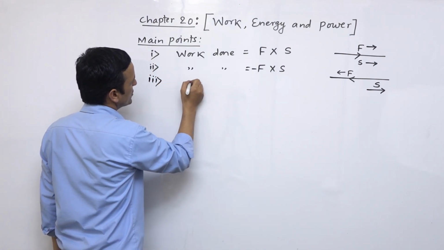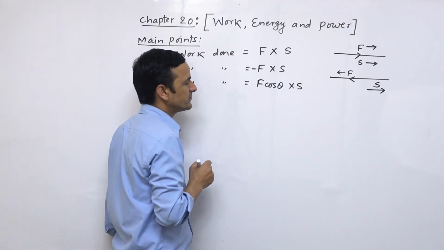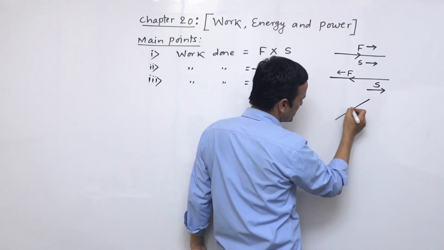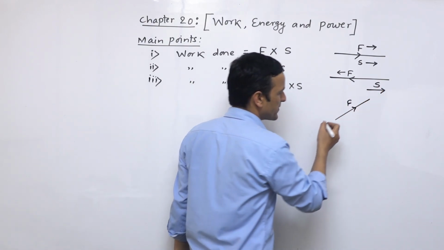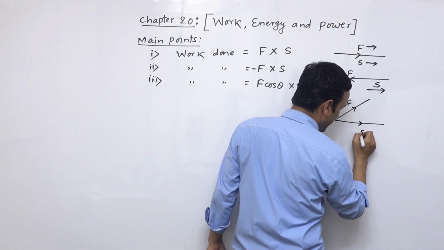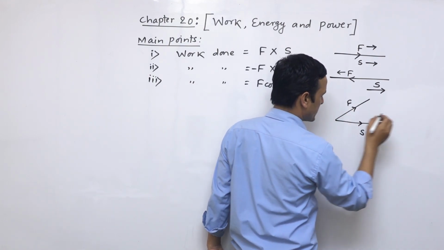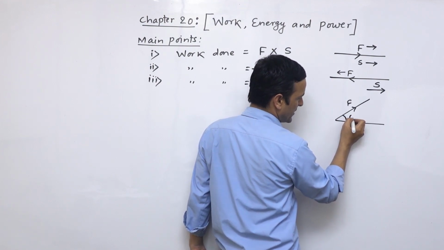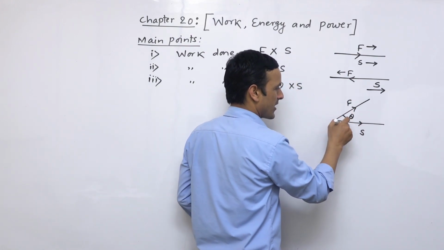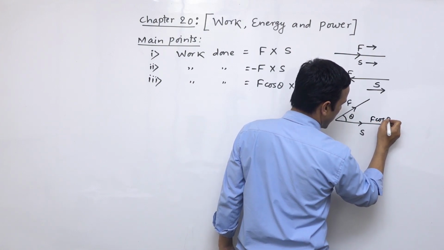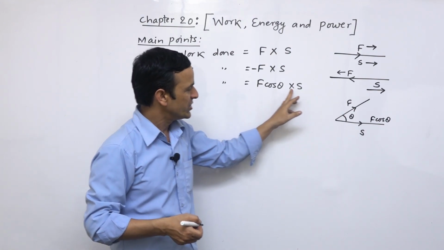So in third case, the work done is equal to F cos theta times S. In this case, if we apply a force on an object in this direction and the displacement is along the horizontal line, it makes some angle. Based on the angle that F makes with the horizontal line, this will be F cos theta times S. So horizontal component is F cos theta into displacement.